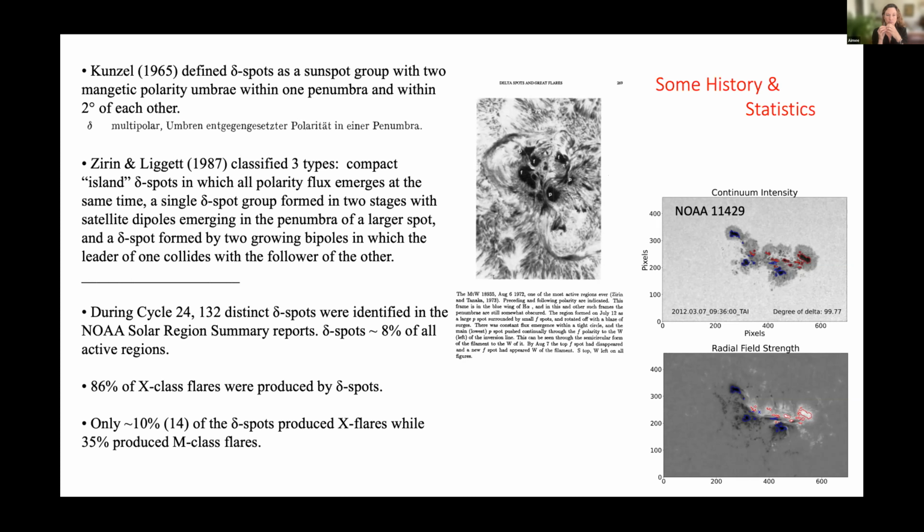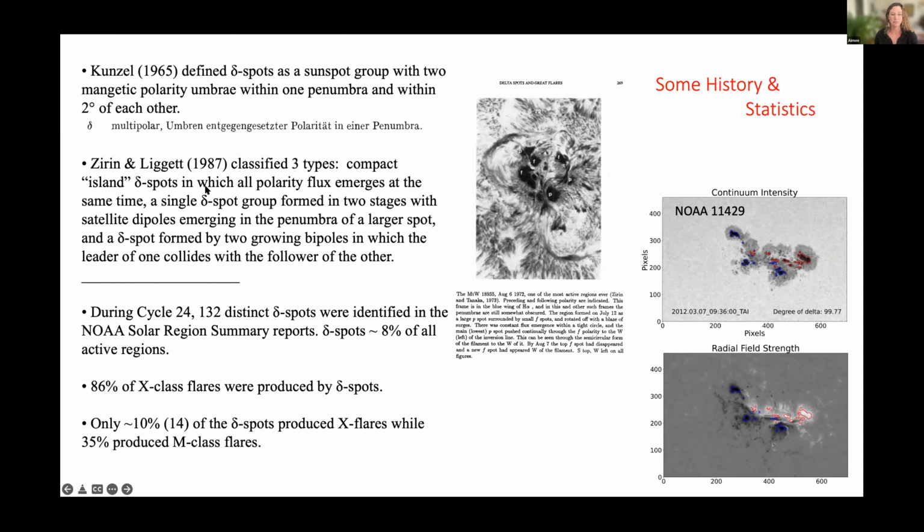So there are 2 polarities, very compact, close together, like the cartoon of what you imagine, and that's called an island delta. They actually use this as an example of an island delta, which isn't as simple as you imagine in the cartoon, but the sun is never as simple as that.